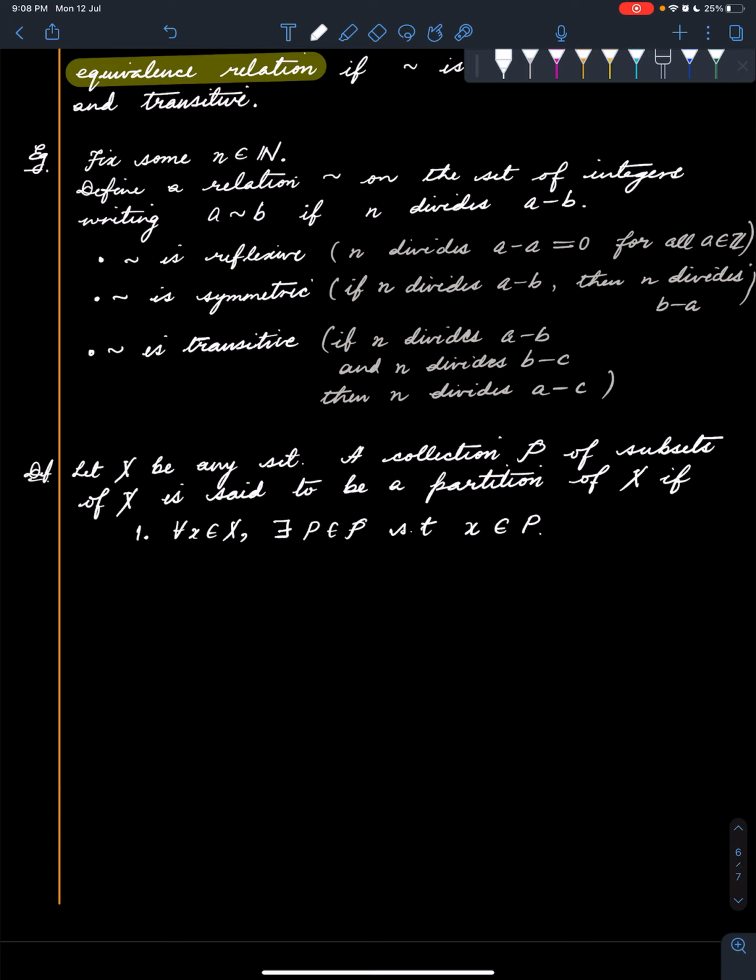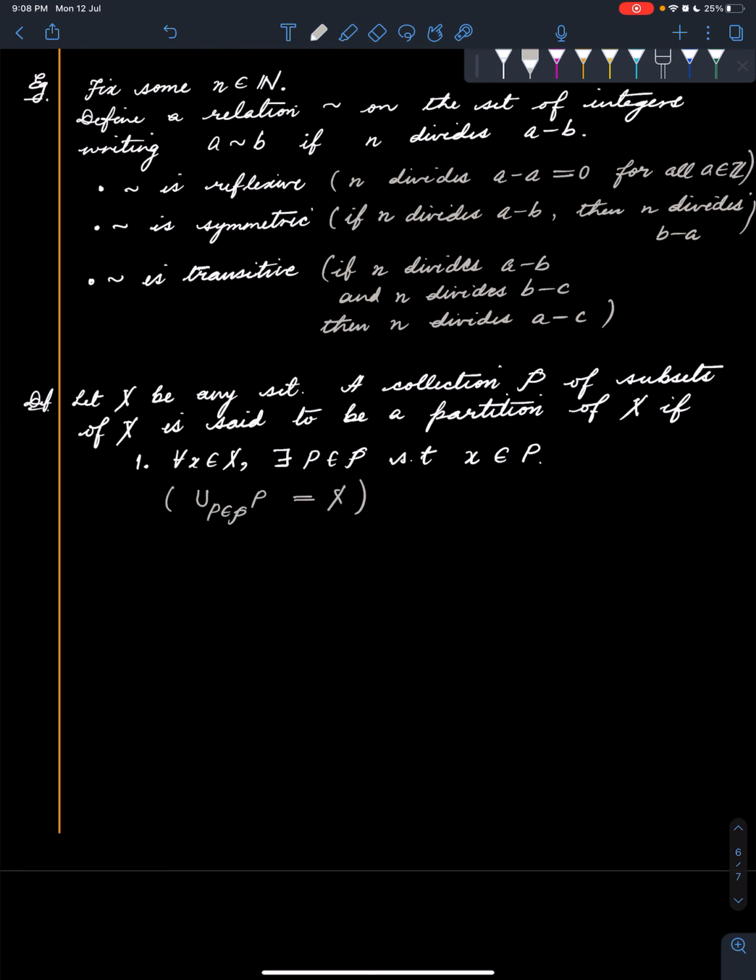So every element of X lies in some element of script p. This is same as saying that the union of all the elements in script p is X. So make sure that you understand this equivalence. This looks like a longish statement, but it is saying something very, very simple.